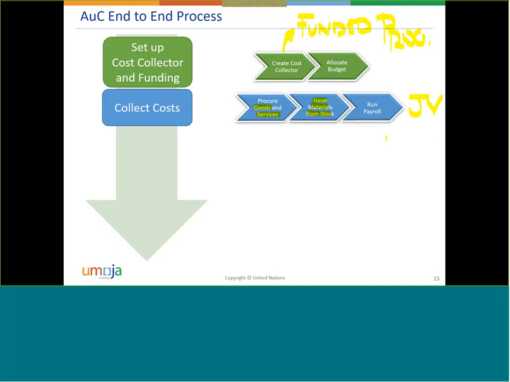So every time the payroll is run, we will be tracking the expenditure. We will be tracking the expense that is linked to the position, salary, and also benefits, and it will be linked to the project. So you are collecting costs if and only if the position funding is linked to the project.